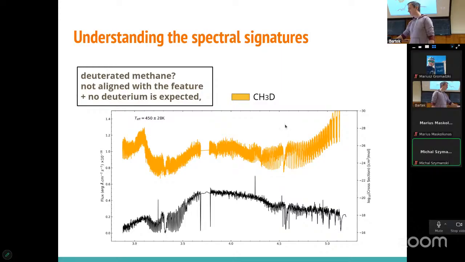When you draw a straight line here, you will see that it is shifted still to the left. So even from that, you can tell that it is not corresponding to this compound. Plus, we would not expect deuterium to be present in this object, simply because it's too massive. It's not a planetary mass object, so the deuterium is definitely depleted here.